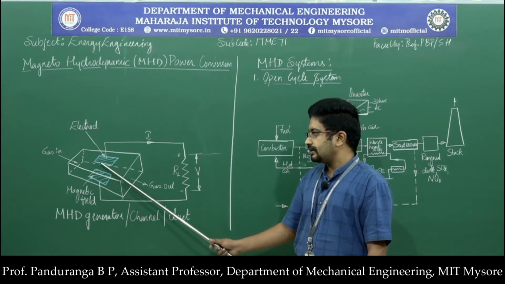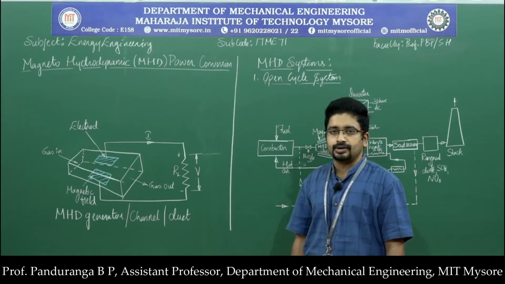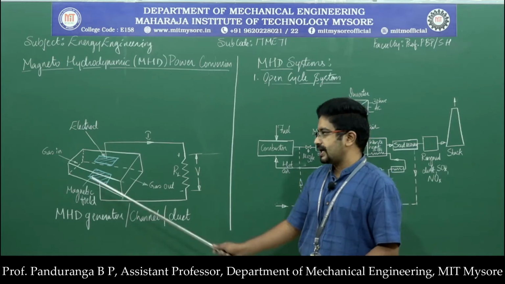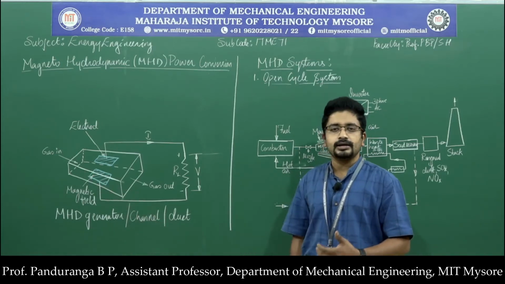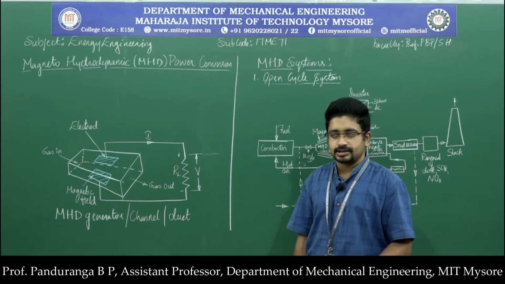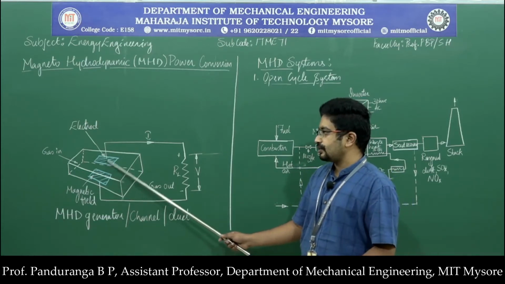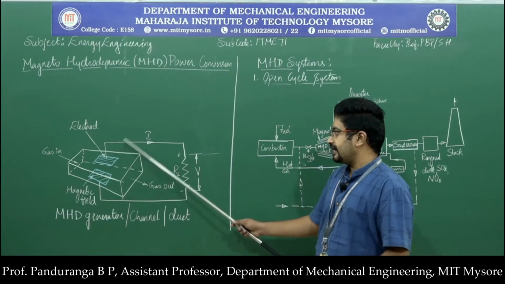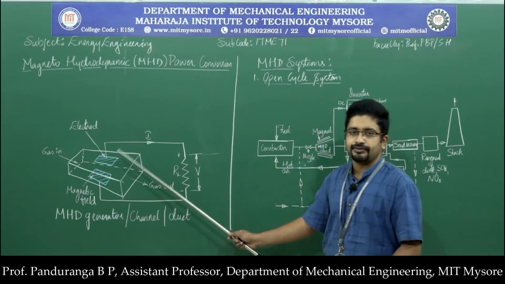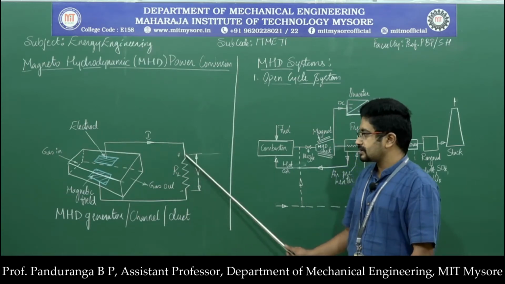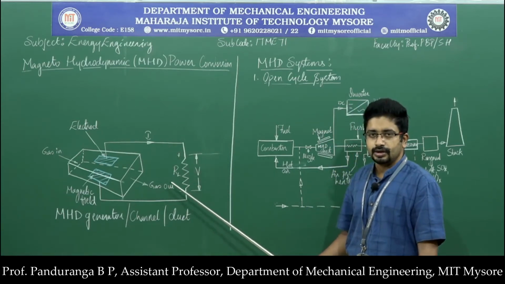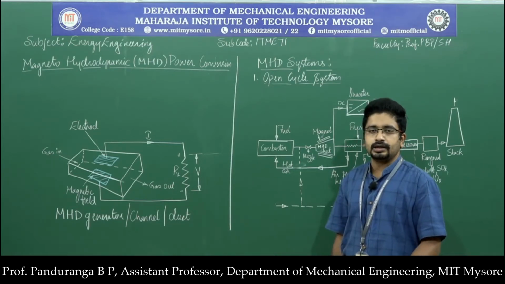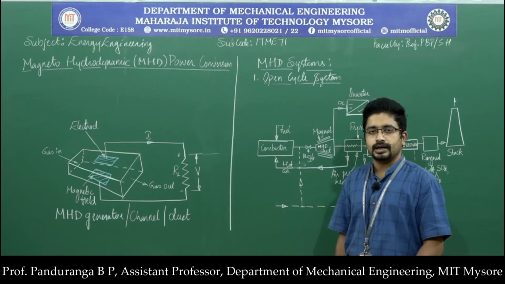At the top and bottom we have two electrodes. Depending on the charge present in the ionized gas or liquid and the magnetic field direction, the electrons will move towards either the top or bottom electrode, and when the flow of electrons, or current, passes through the resistance or the load, we get a potential difference across the load and we can utilize that energy.